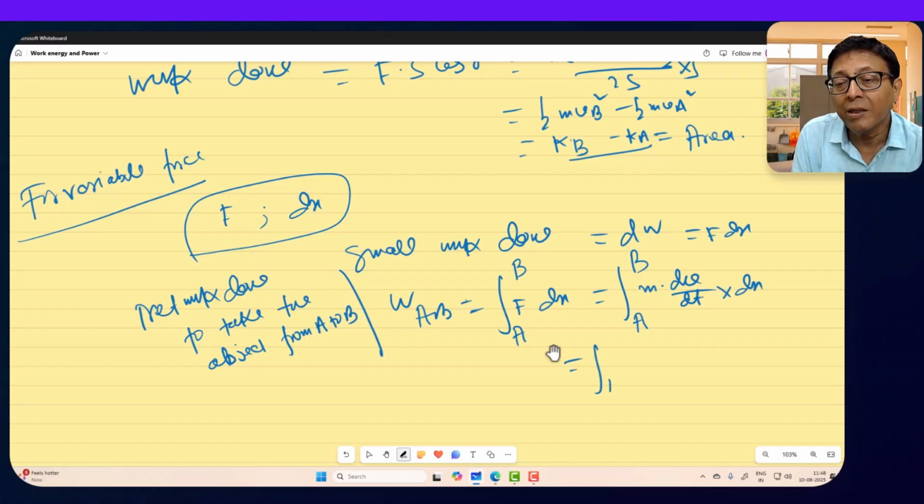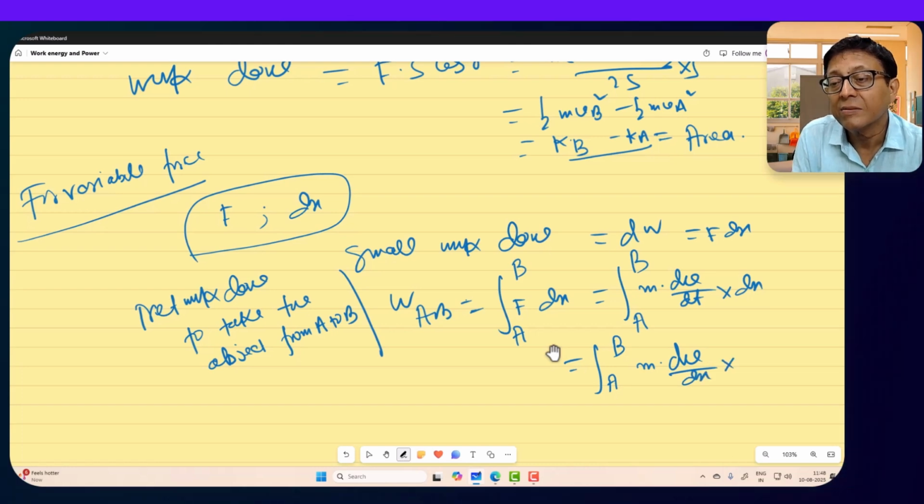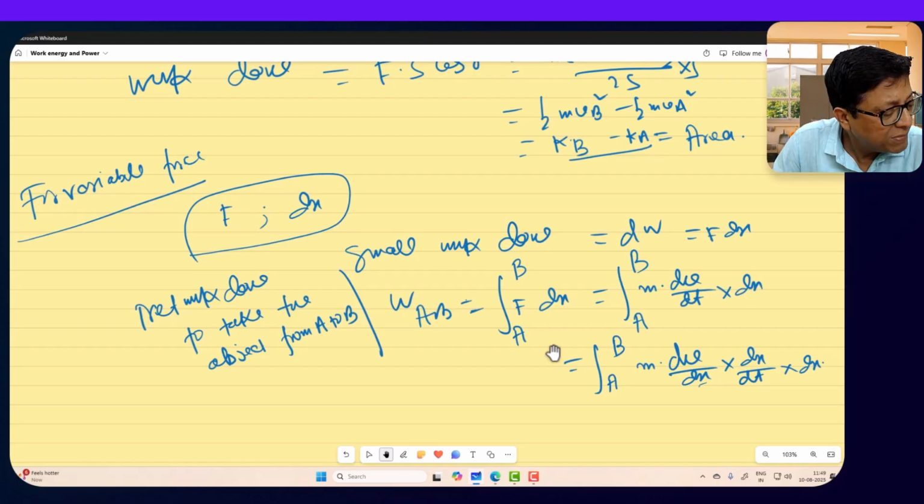So this will be integral from A to B of m, you write this thing as dv by dx into dx by dt. Force is m dv by dt, that into dx, but dv by dt is dv by dx, dx by dt, into dx. Clear? Check once.